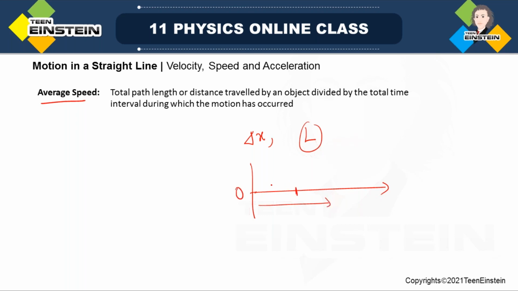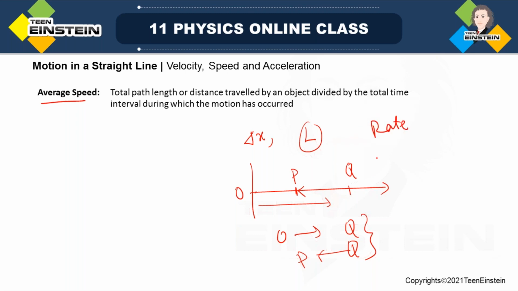But we had again seen one object going from O to P, then P to Q, and then it comes back from Q to P. So it goes from O to Q directly, suppose, and then comes back Q to P. In this case, there is a difference between the displacement and the path length, or the total distance the object travels, right?